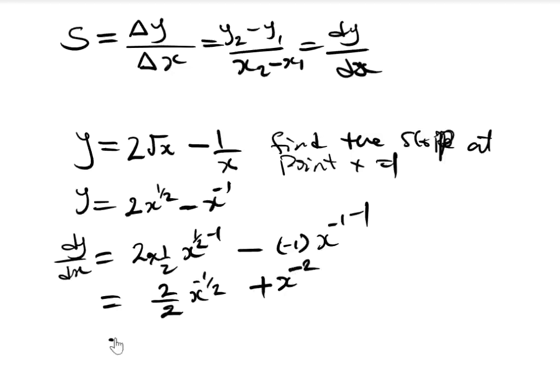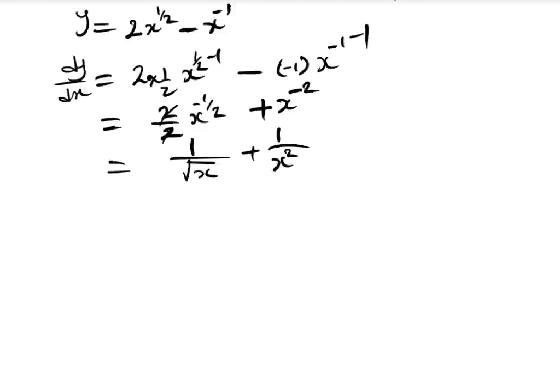If 2 cancels 2, it will be 1, and this is 1 divided by the square root of x, plus 1 divided by x squared.